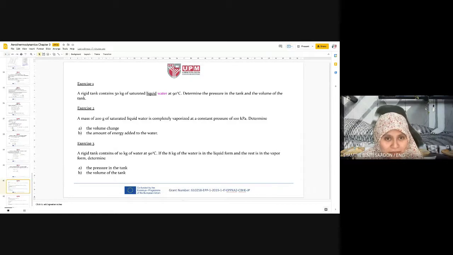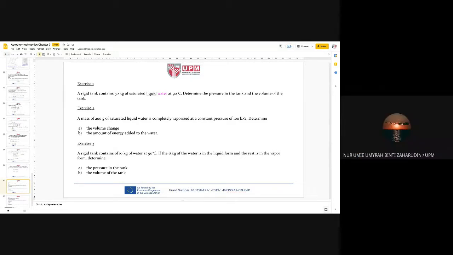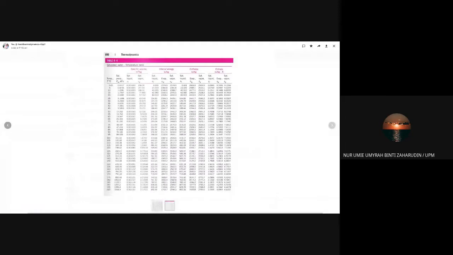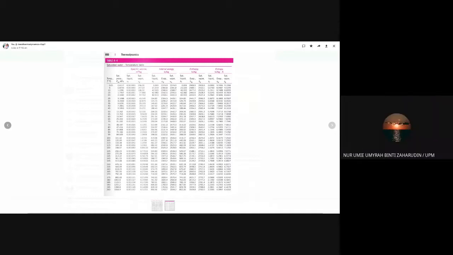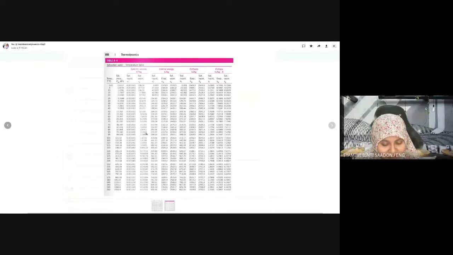At which temperature? 90 degrees Celsius. Okay, so we want specific volume. Which value will we take? Liquid and vapor. You mentioned both, okay.